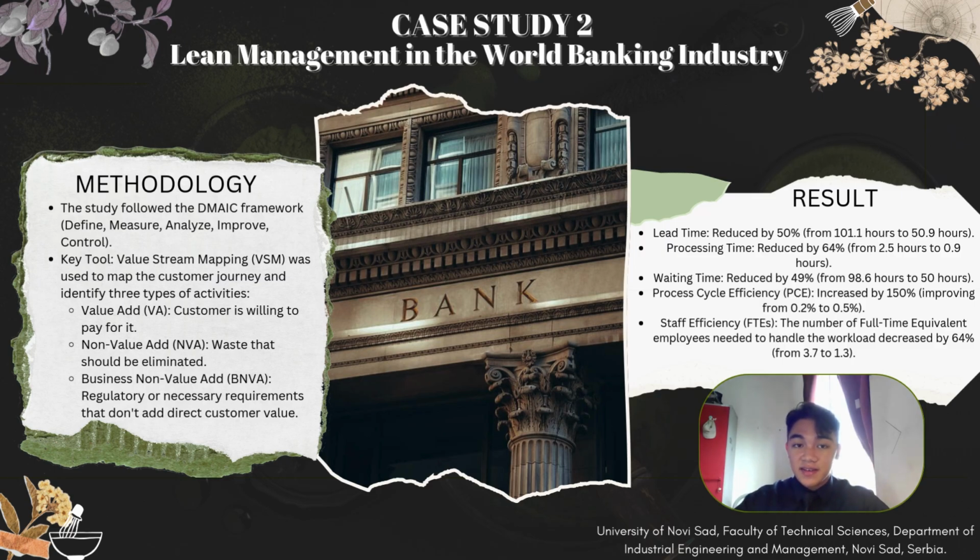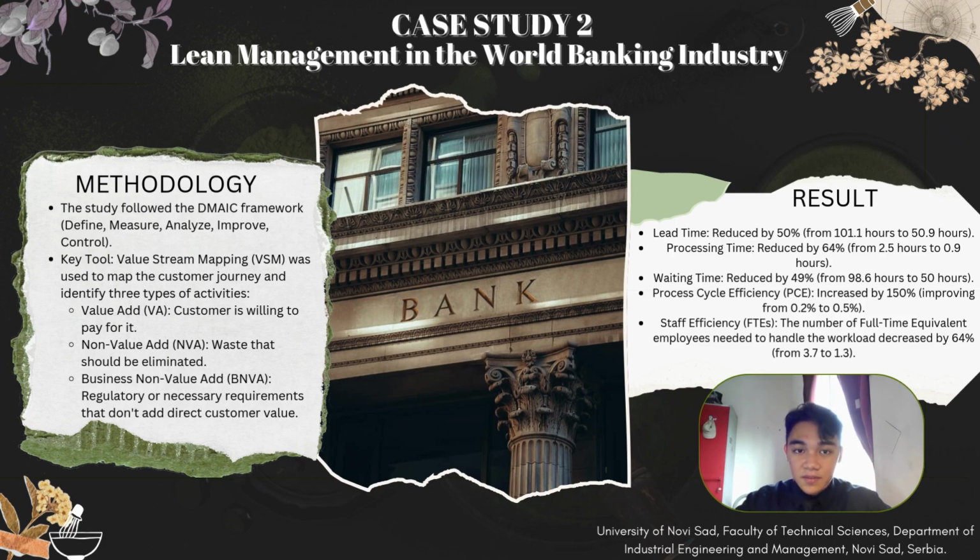Okay, now this is the second case study, which is lean management in the banking industry. This study was conducted in Serbian banks at the University of Novi Sad by the Department of Industrial Engineering itself. The methodology is DMAIC: define, measure, analyze, improve, and control. The key tool is value stream mapping to identify three types of activities: value added, non-value added, and business non-value added.